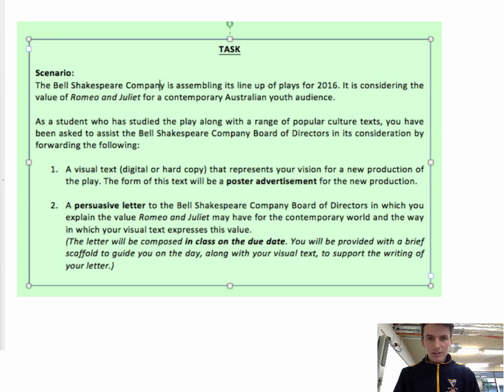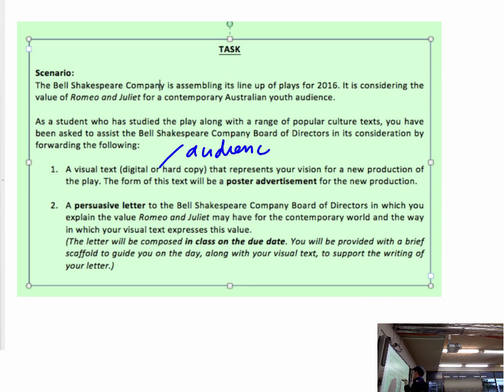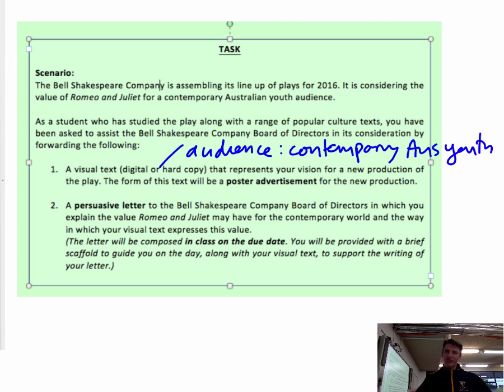Okay, so the audience for this section is a contemporary Australian youth audience. So can you write that in for me? Okay, and contemporary means current day. And the purpose of that, because it's an advertisement, is to persuade or convince them to see the show.